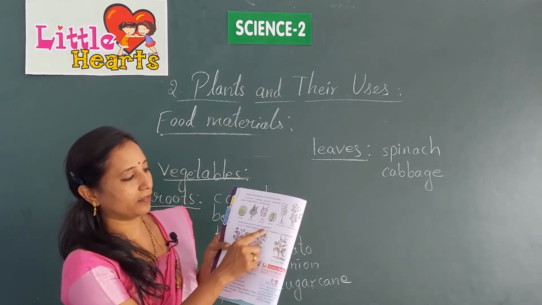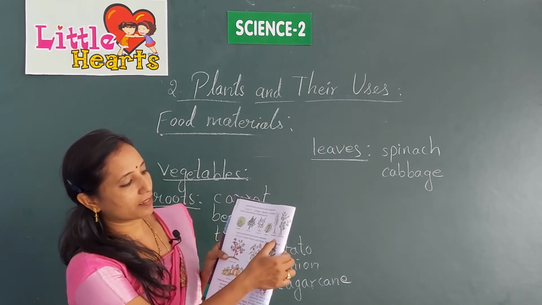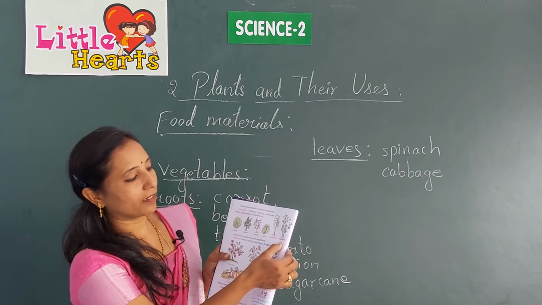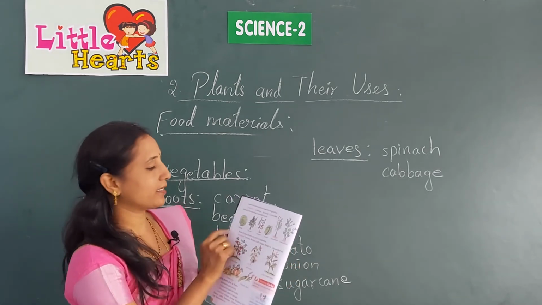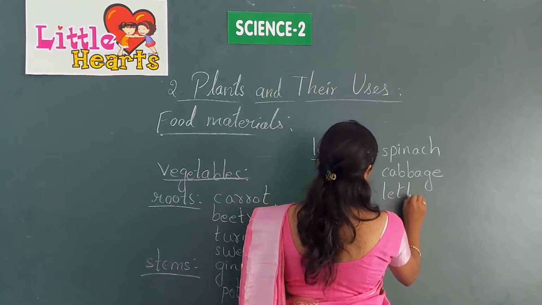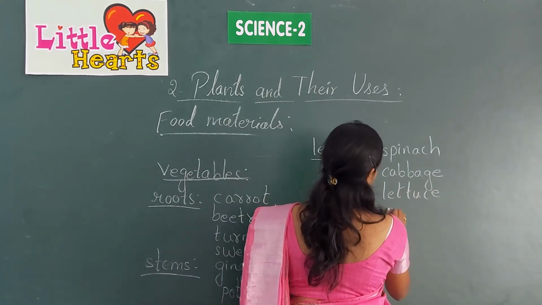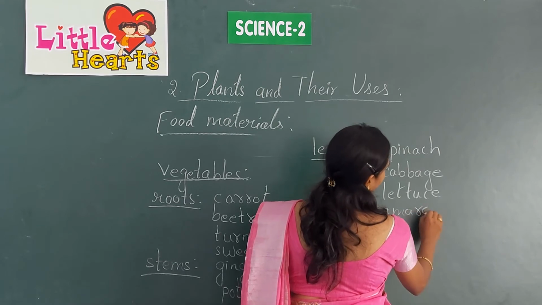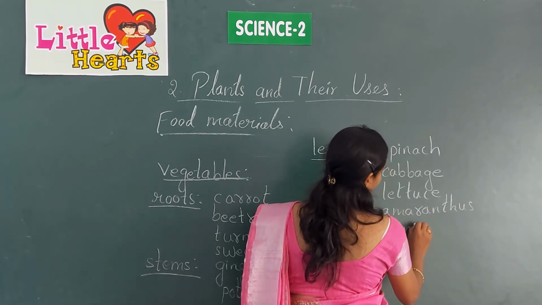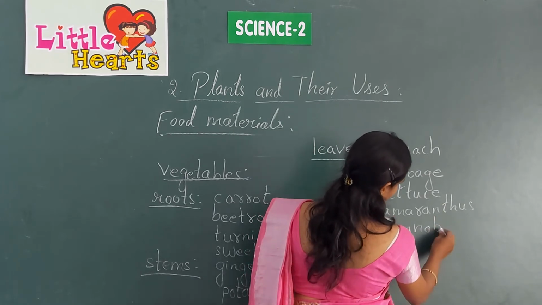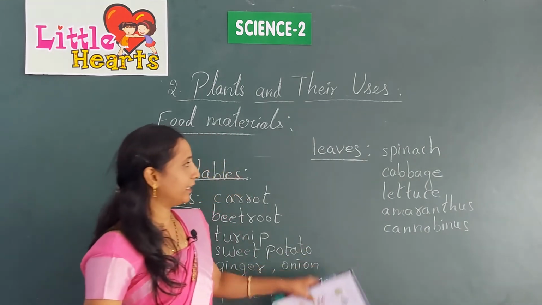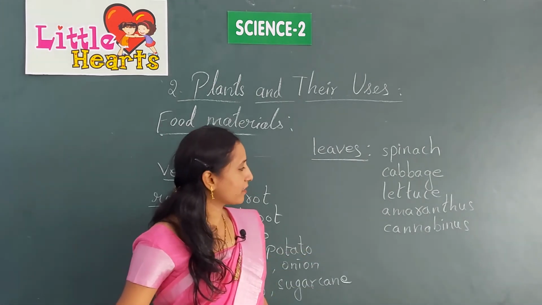Lettuce, amaranthus and cannabinus. These are the examples of the leaves which we take as food.